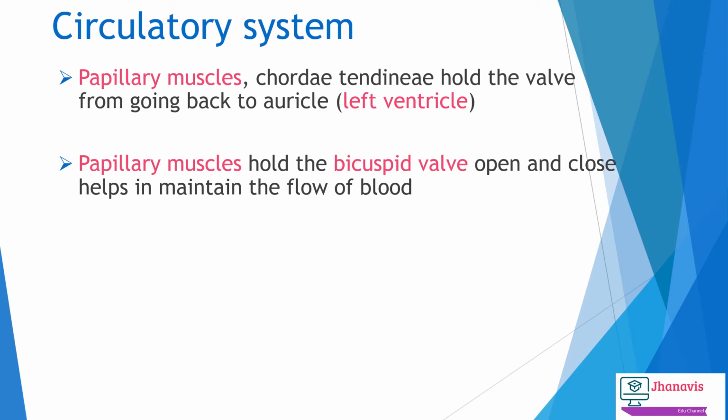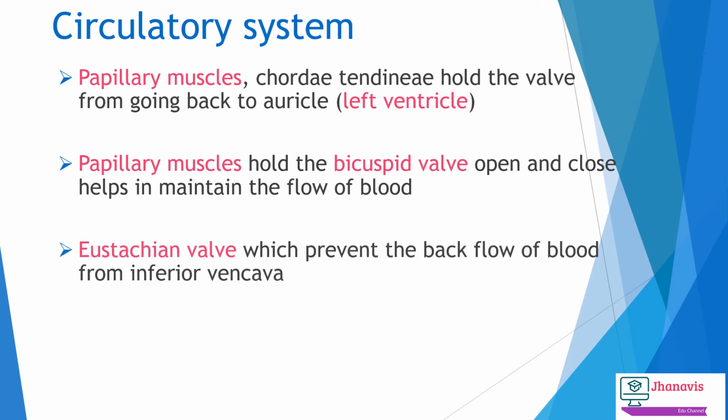Whereas on the right side we can see there is a eustachian valve which prevents the backflow of the blood from the inferior vena cava. I have already said the inferior vena cava will collect the deoxygenated blood and send it to the right auricle. But while doing this process the blood should not flow back. That is taken care of by the eustachian valve.